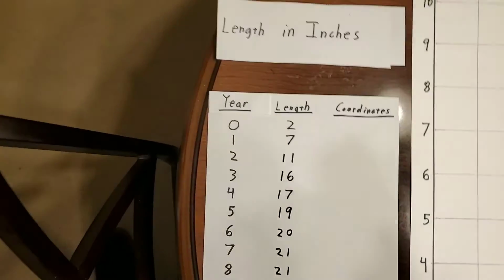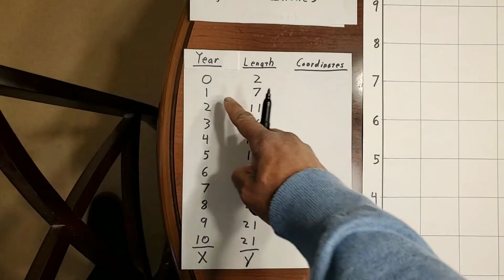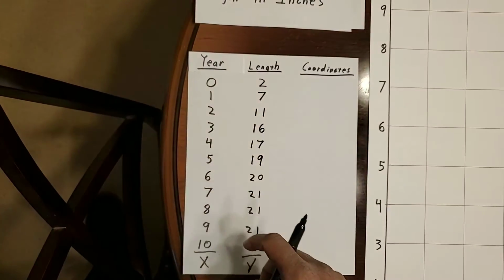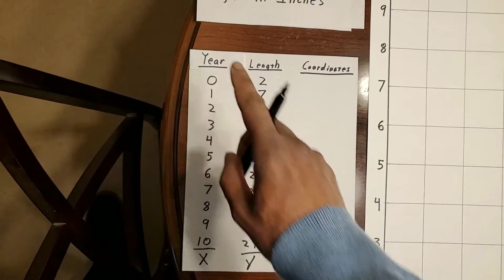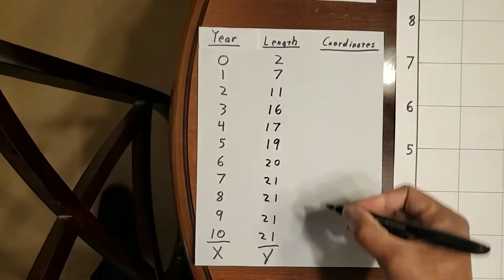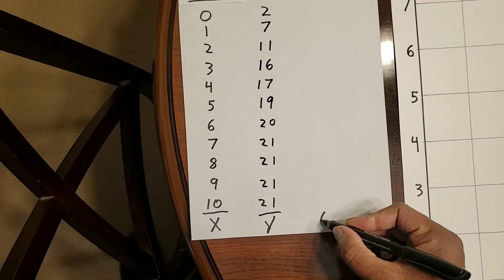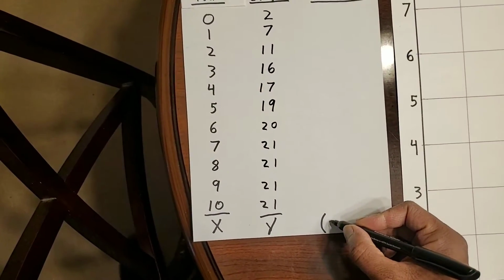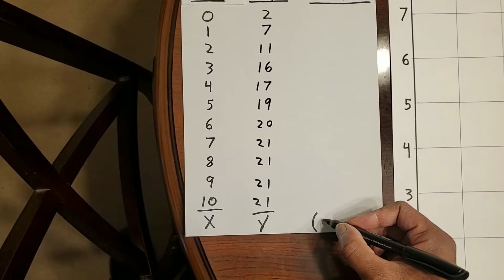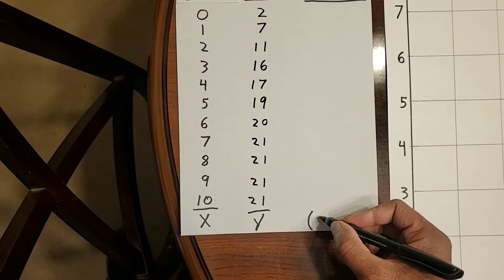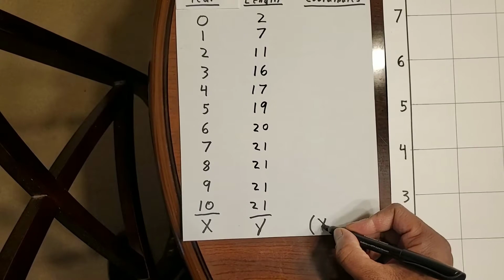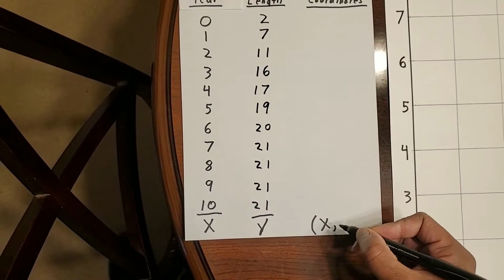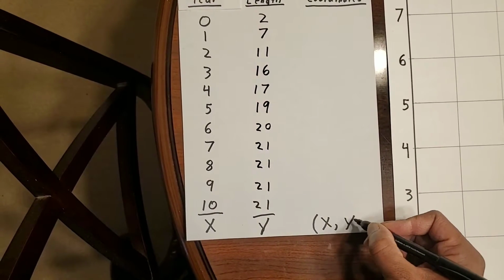So let's start with year 0. Year 0 is an x-axis value. Help us out: when we're making coordinates, which one goes first, x or y? X goes first. So we're going to put the x here, and y goes second.